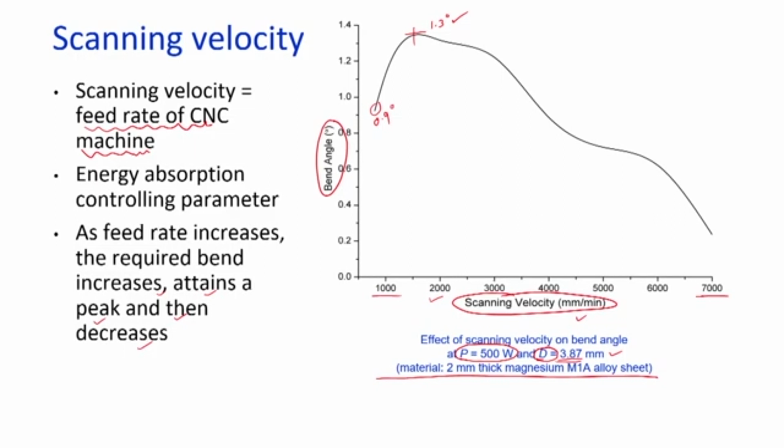To gain more bend angle we further increased to 3000, 4000 and so on. It was noticed that the bend angle was reduced, even to our initial value of 0.9, and it reached a very minimal, insignificant bend angle of 0.3 degrees, which is of no use. So, why has this happened?